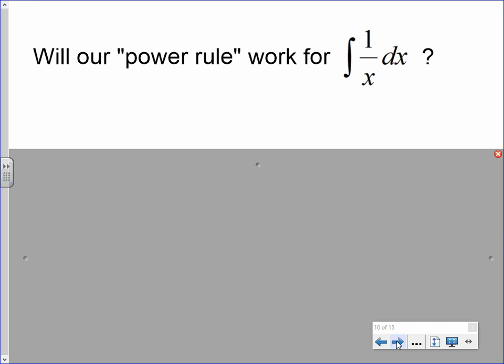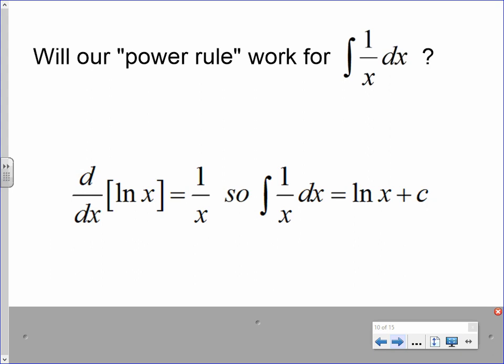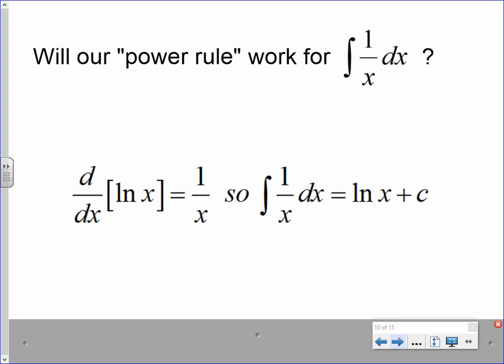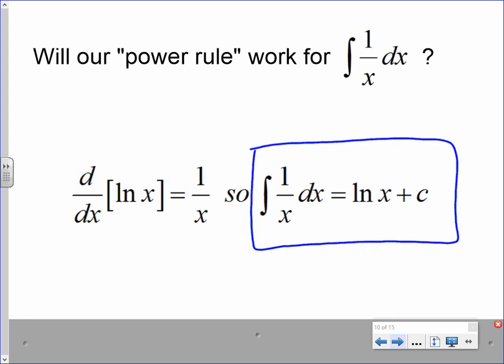If only we had something that when we took a derivative, it was 1 over x, the natural log. Here's the last rule we're going to talk about. The antiderivative of 1 over x is the natural log of the absolute value of x plus c.